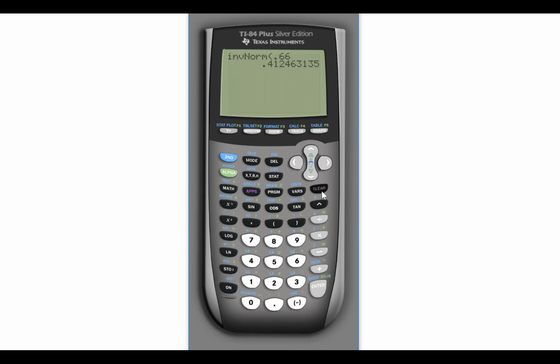If you give it 3 inputs, then your last input needs to be the mean and the standard deviation of the distribution. The mean and the standard deviation that are provided in example 5 are 1,140 and 210.